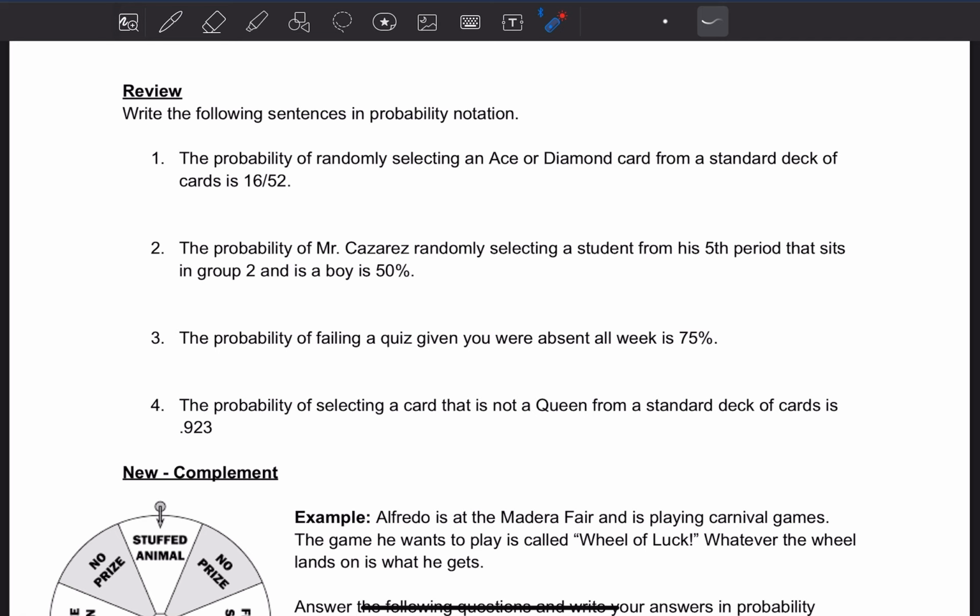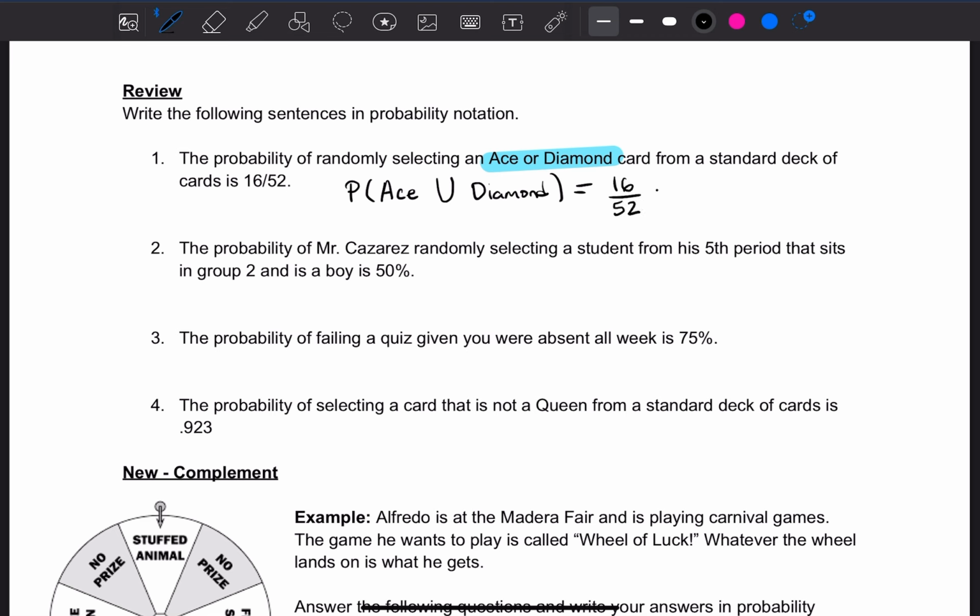So we're going to write this as the probability of randomly selecting an ace or, the symbol for or is this one here, diamond card, and that is 16 out of 52.